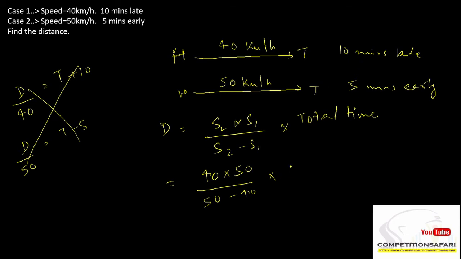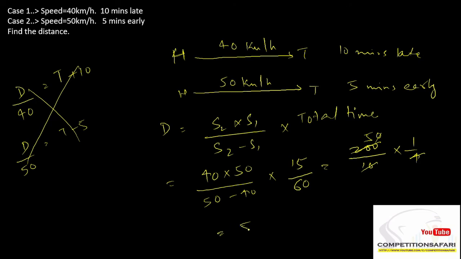Now the total time is 15 minutes, but all the quantities are given in kilometers per hour. So we will convert this quantity, which is in minutes, to hours. Now if we solve this, we will have 200 upon 10 into 1 by 4, which is 5.